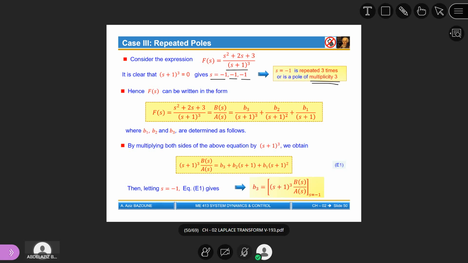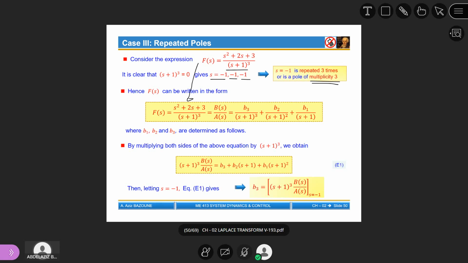The partial fraction for this one can be written like this. We are writing s squared plus 2s plus 3 over s plus 1 cubed. This is the original equation. We can write it in terms of a polynomial B of s divided by a polynomial A of s, and we write it in partial fractions.